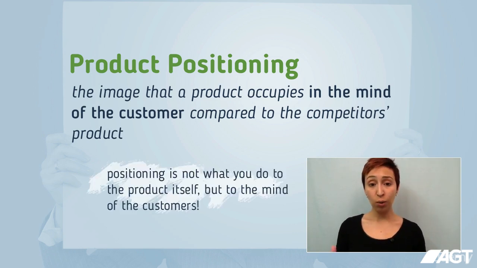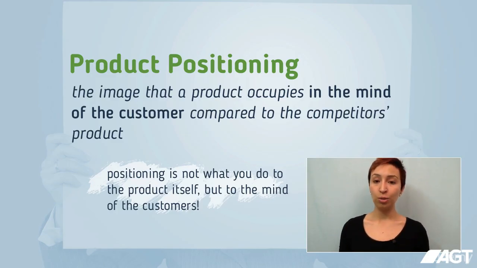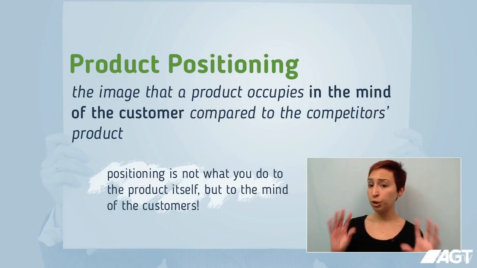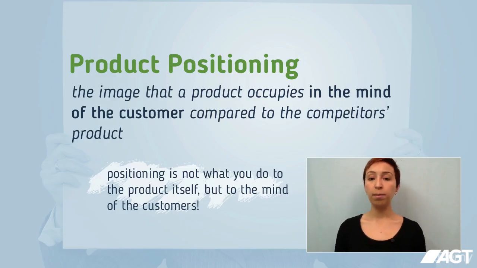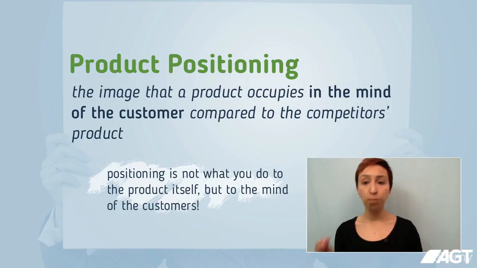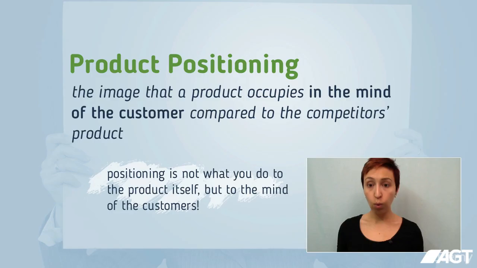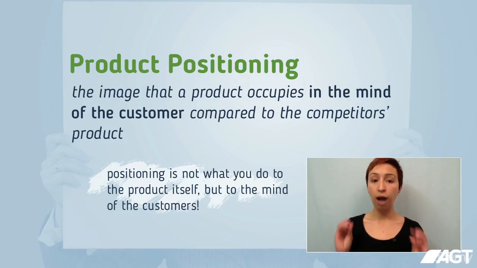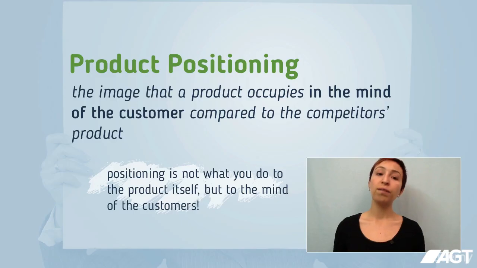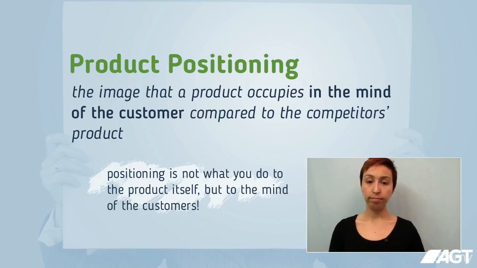Positioning is not what you do to the product itself, but to the mind of the customers. You want to make your customers perceive your product in a certain way. And you do this by modifying, for example, the name of the product, its price, or its packaging, but not the product itself. It's all about the message that you convey to each customer segment.